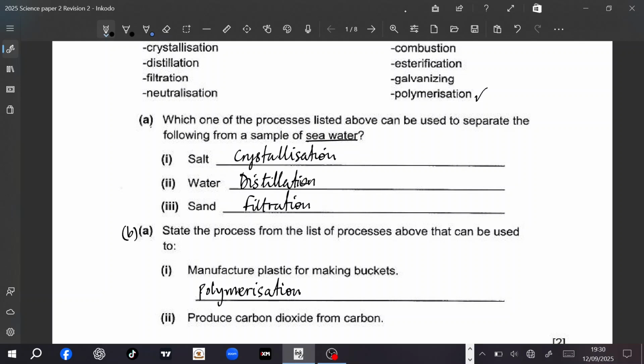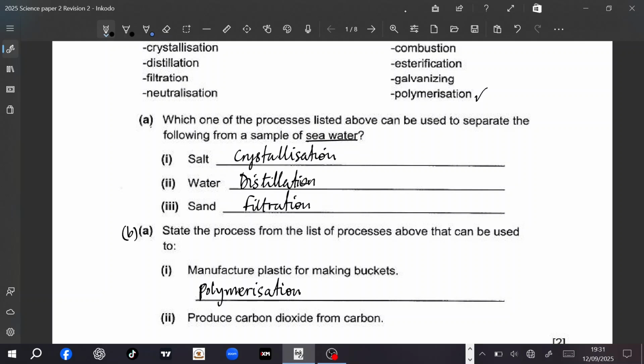Polymerization actually we don't talk about under separation techniques, so it is a mixture of things they did here. Polymerization is talked about under organic chemistry, under polymers. It is the process by which monomers are joined together to form polymers.